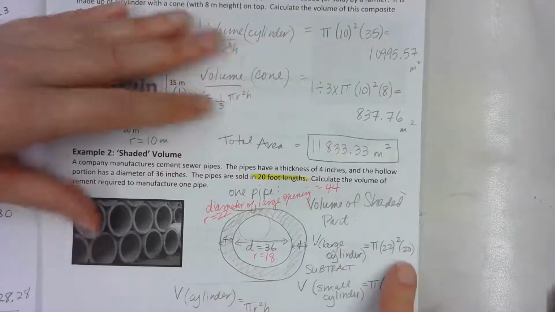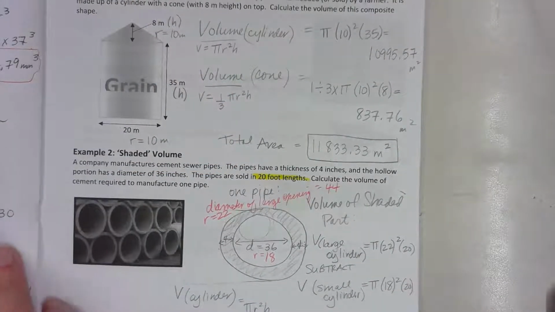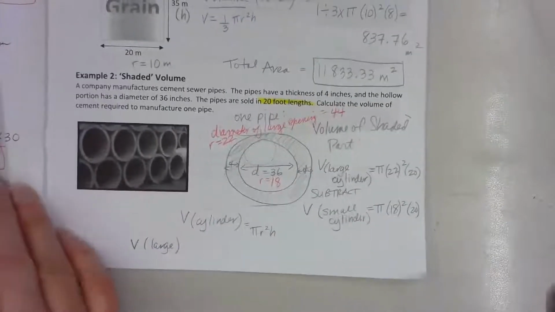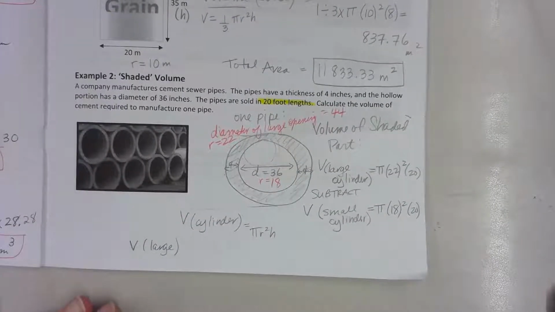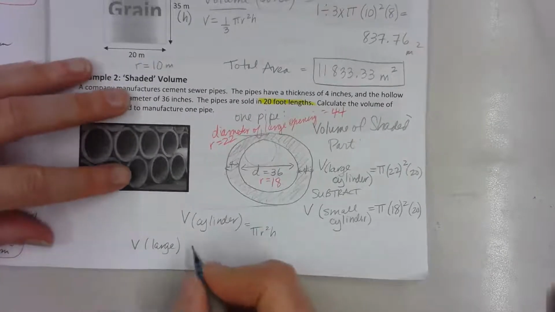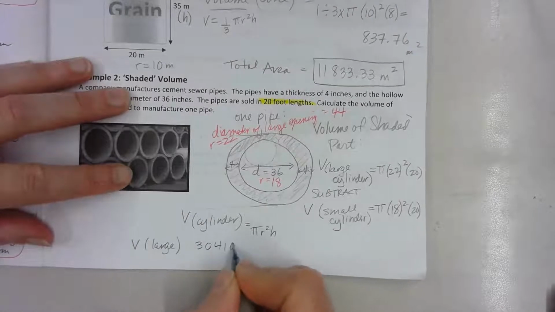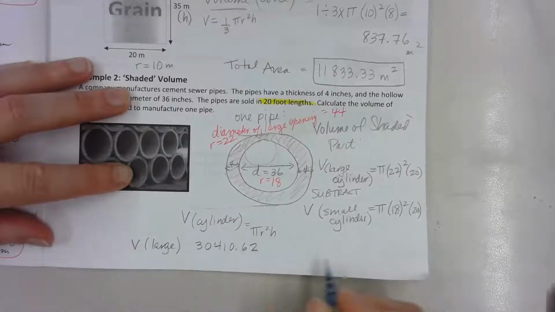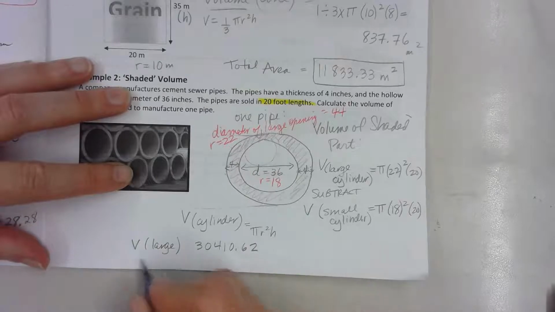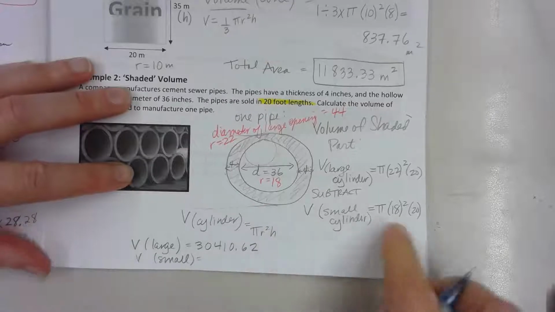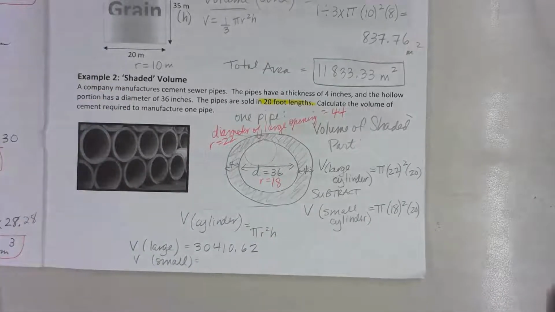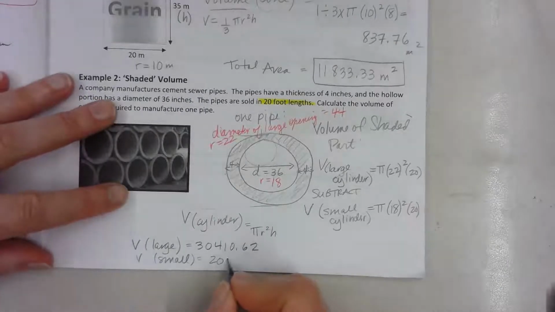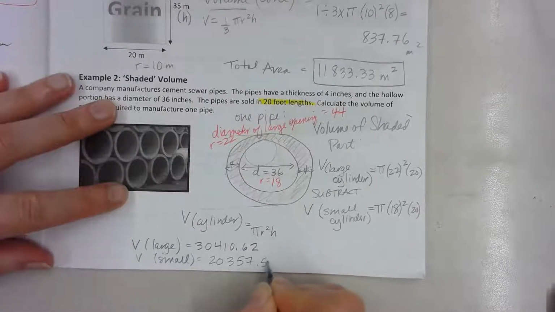is, okay, I'm going to just punch that into my calculator. So pi times 22 squared times 20 is 30410.62. And then I have volume of small. I'm going to put in pi times 18 squared times 20. And that's 20357.52.